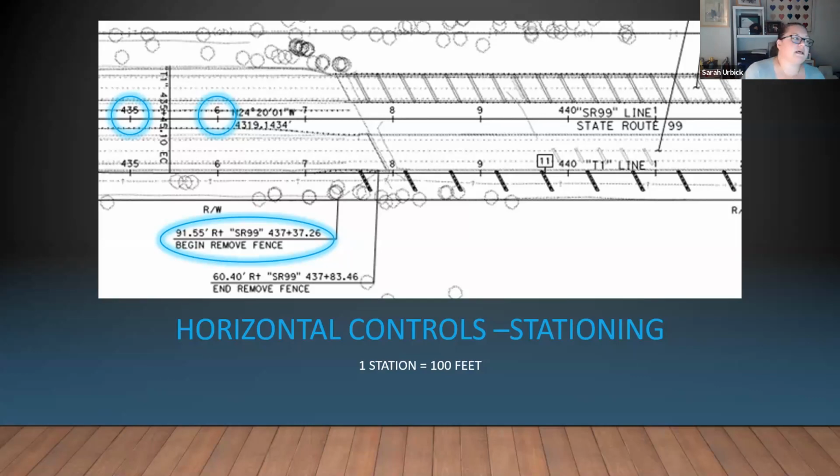So the way to read that stationing is that we are going to start removing the fence at 437 plus 37.26. Okay, what that's telling us is that from our 0 point, we are going to be going 43,737 feet, 0.26.